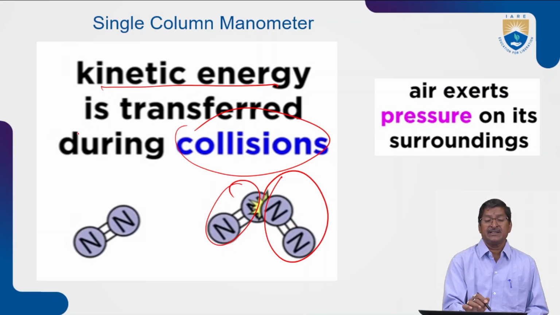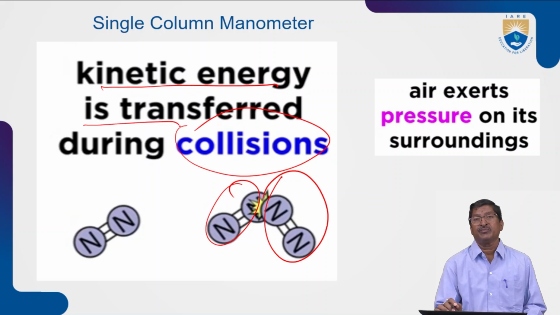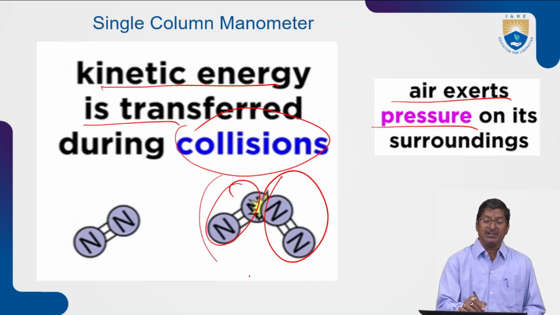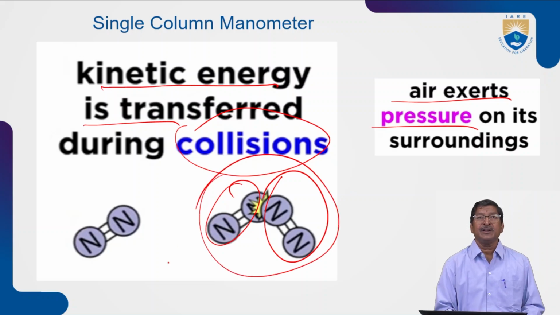Kinetic energy is transferred when they collide with each other. By that means air exerts pressure on its surroundings. Because of these collisions, air produces pressure on all this area, which is nothing but atmospheric pressure.